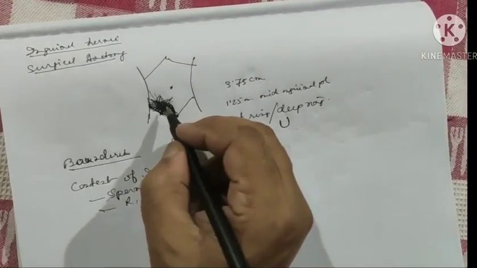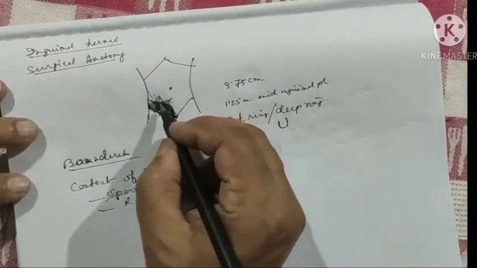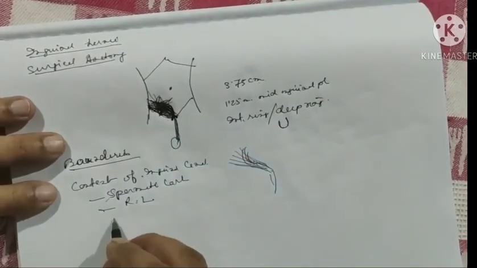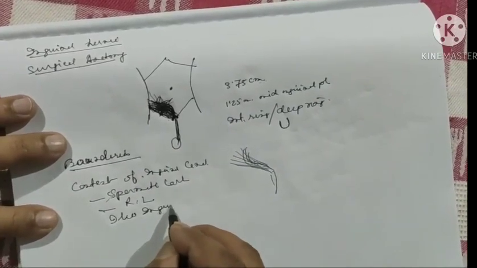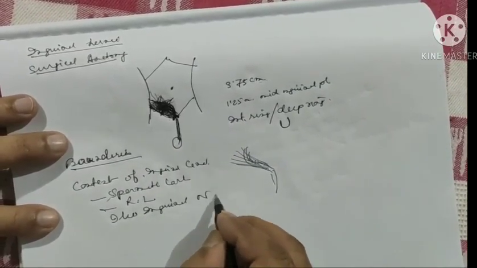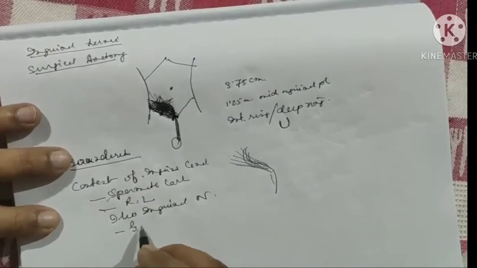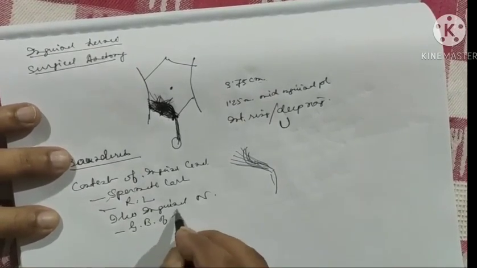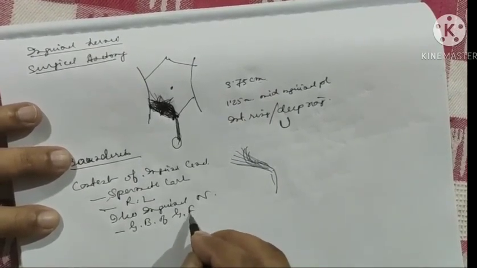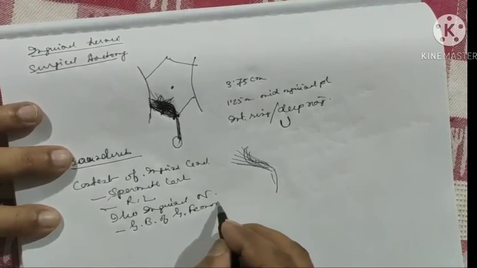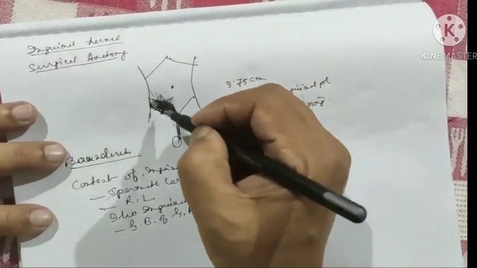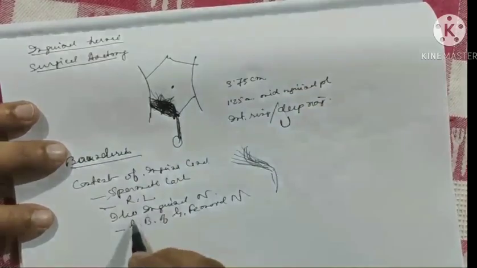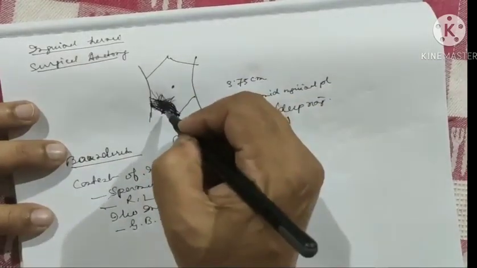And apart from this, there will be two nerves. One is the ilioinguinal nerve, another is the genital branch of the genitofemoral nerve. See, this ilioinguinal nerve has some importance here.